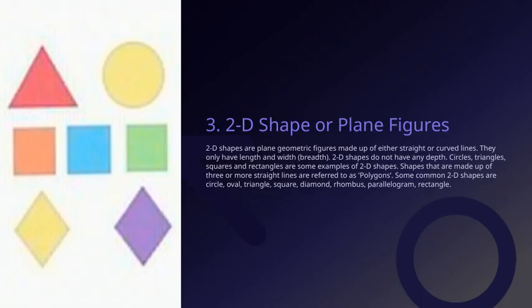Some common examples include circles, triangles, squares, and rectangles. You might also have seen shapes like ovals, diamonds, rhombuses, and parallelograms. An important concept to remember is that shapes made up of 3 or more straight lines are called polygons. Understanding these shapes is fundamental because they form the building blocks for more complex geometric concepts.